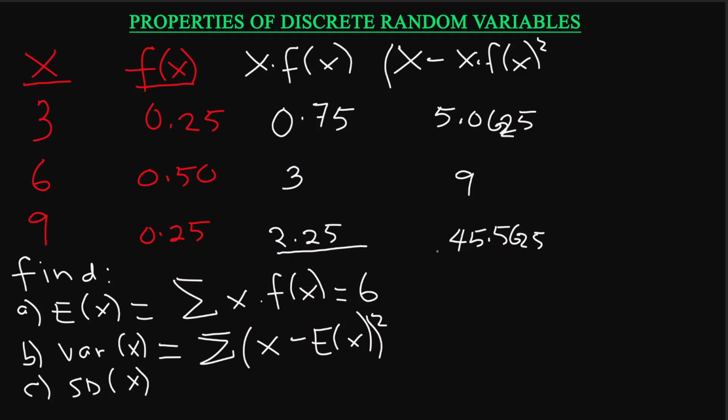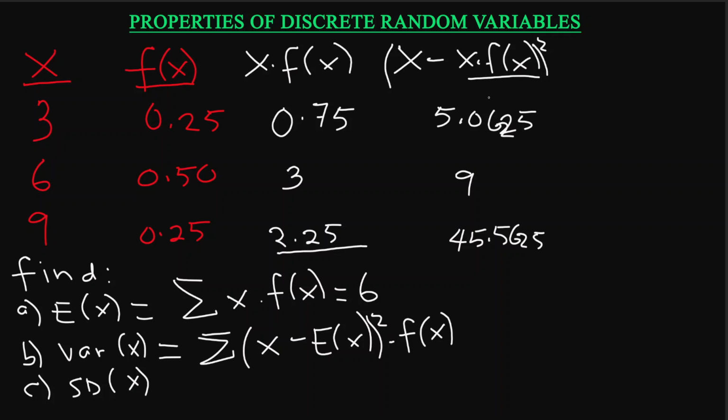The last step is to take the sum of the squared deviations and multiply by the related probabilities. By the way, E of x is the same as x multiplied by f of x.